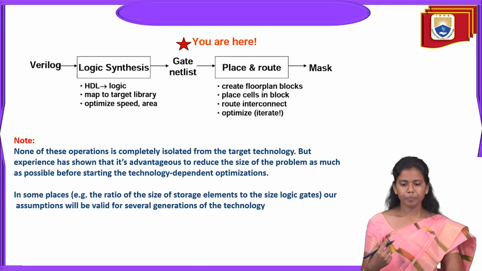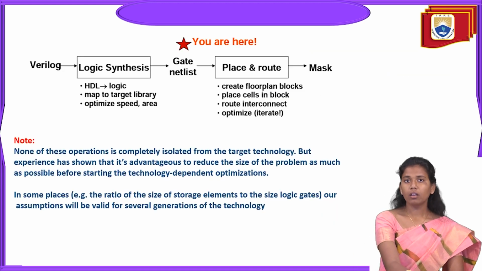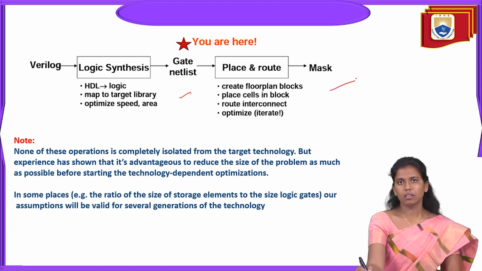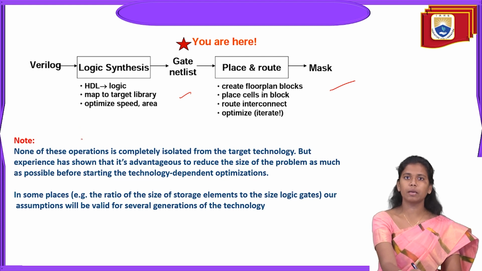And now we will see Verilog, logic synthesis, gate netlist, place and route, and mask. This is a small diagram where you can easily understand the Verilog or synthesizing tools.